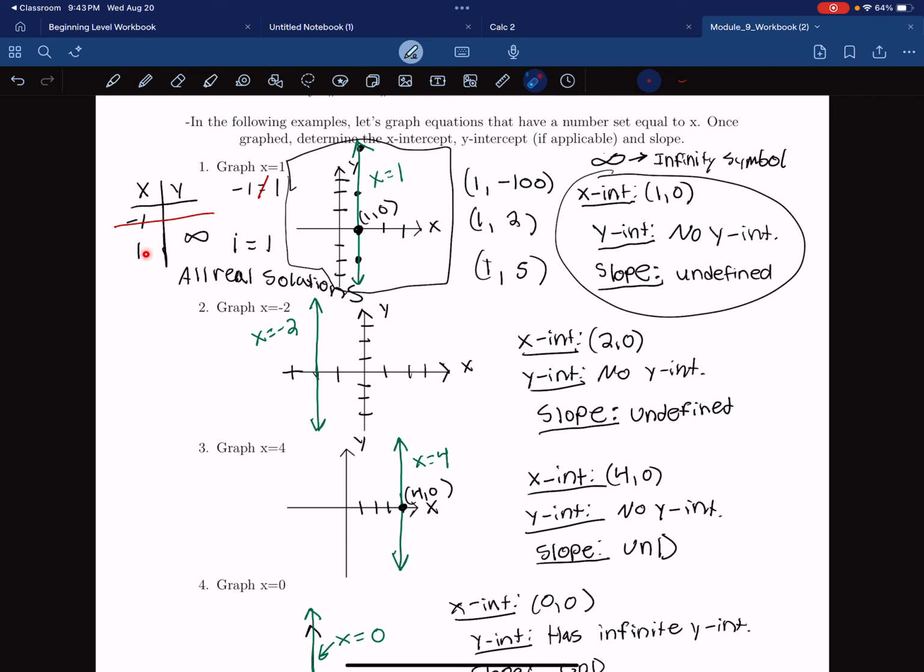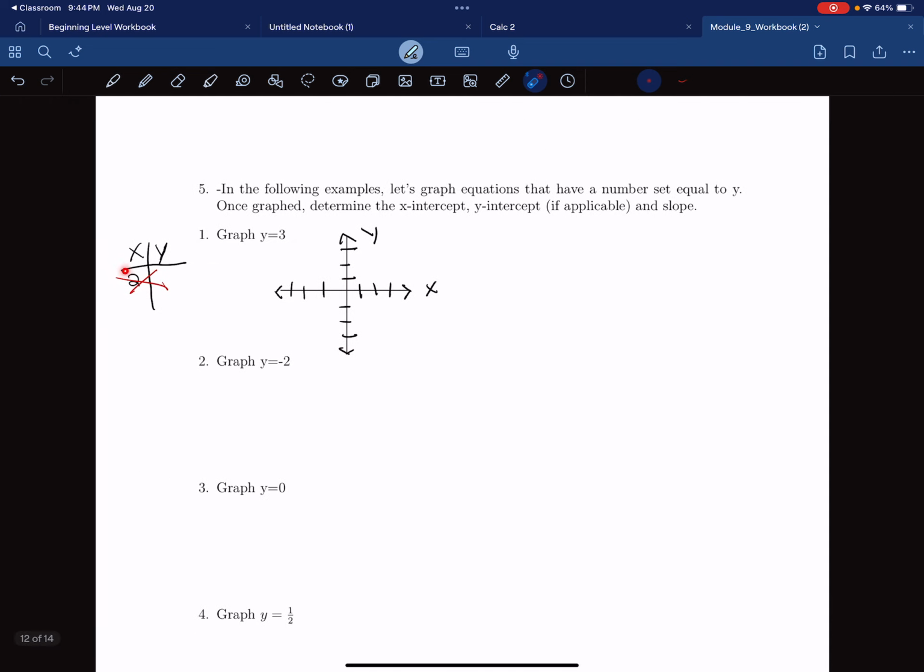We plugged in our x values, but this worked out because we have x equal to some number. But here, this doesn't work out. So what if we switch this table? Instead of starting with our x values, we start with our y values and find out what our x values are. I'm actually going to draw this table over here.